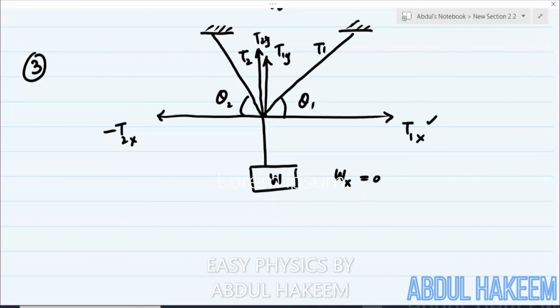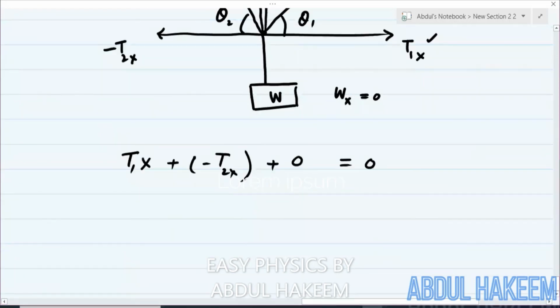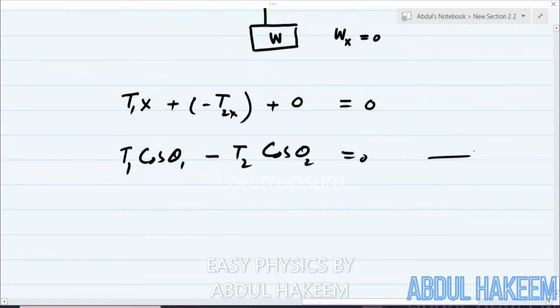Now the x component, look, T1x plus minus T2x plus 0 is equal to 0, meaning the sum of the x components must be 0. So it can be written as T1 cos theta 1 minus T2 cos theta 2 is 0. So this is the first equation.